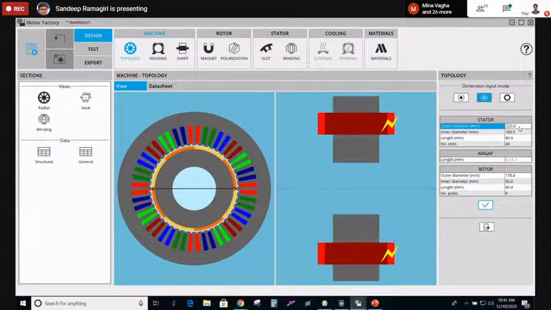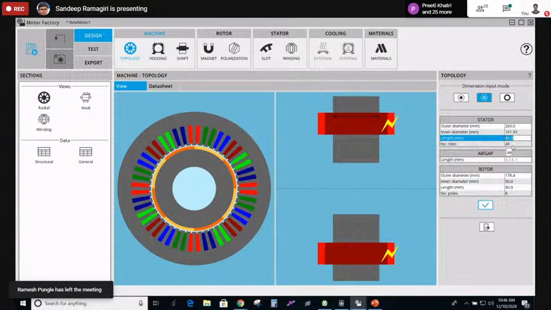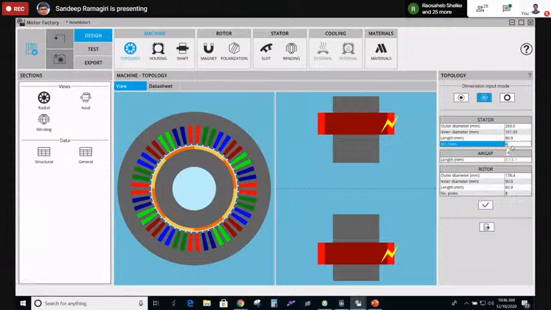First it's 269, then 161.93. Graphically you can also see whatever I'm entering, so just try to correlate what I'm entering into the tool. Then it's the length, and then the number of slots. It's a 48 slot machine.